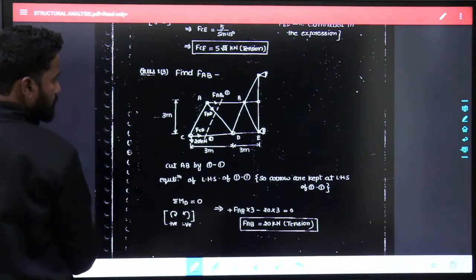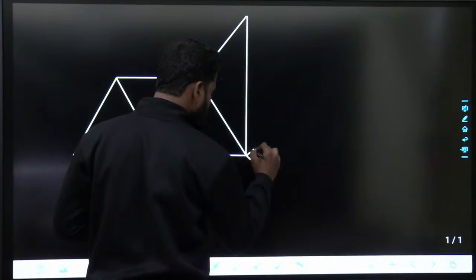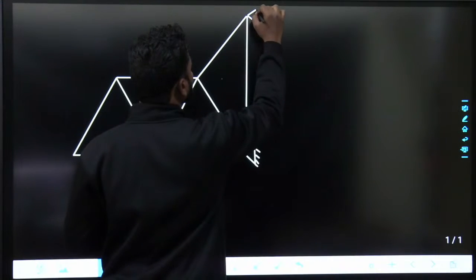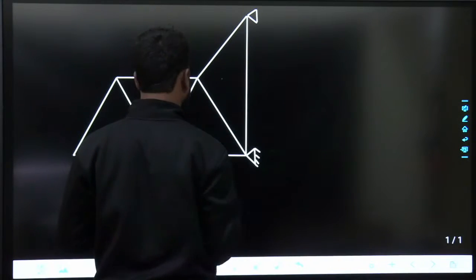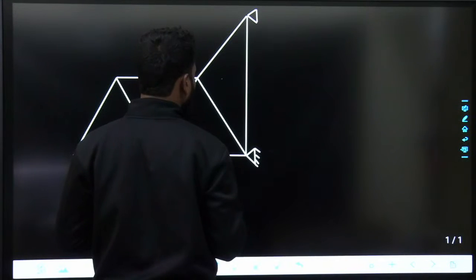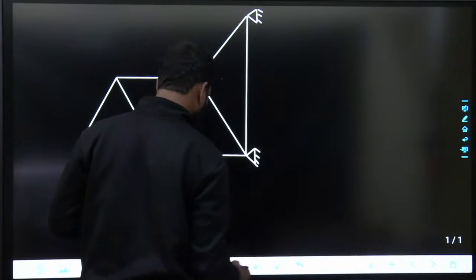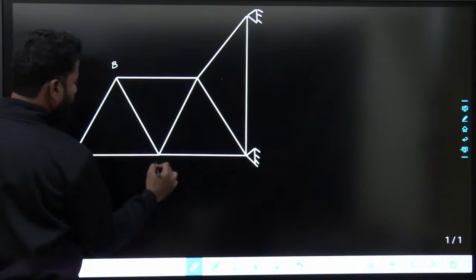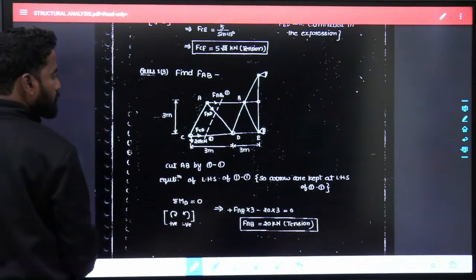Hinge support A, B, C, D, E. There is a hinge support here.